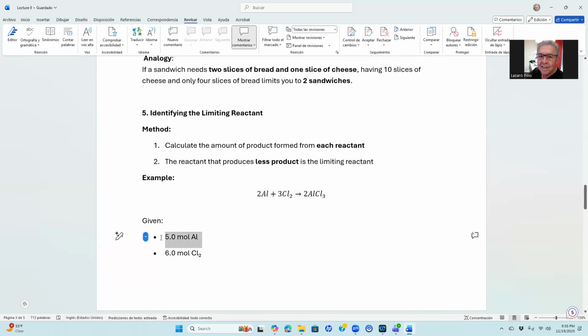But you have 5 moles of aluminum and 6 moles of chlorine. Then you want to see which one will be used up first. The one that is over first is the one that will produce the least product.